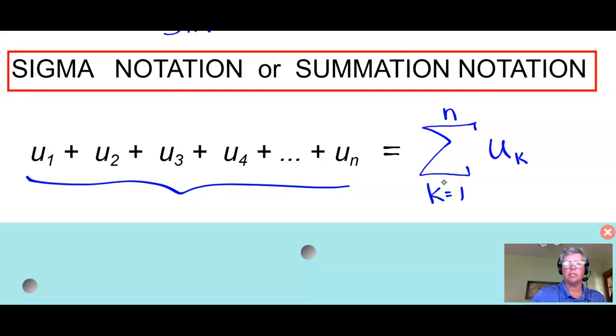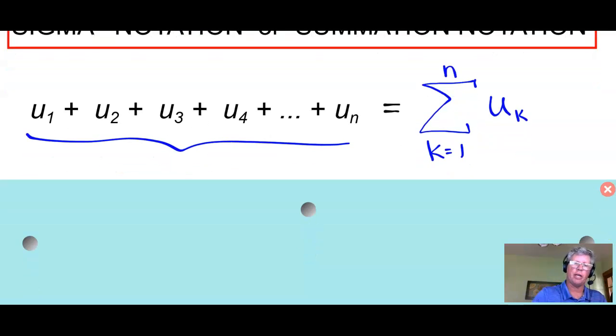Well, what values does it take? Well, here it's signifying that it's going to start at 1 and increase by one whole integer every time. So then k will take 2, then 3, then 4, all the way up to this last value. Sometimes in general we'll put an n there, and sometimes we'll just put a number. I'll show you plenty of examples so that you feel comfortable with that.